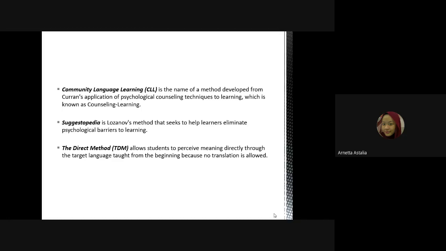Each method or approach has its own strengths. However, in most classroom learning situations, teachers play the important roles in implementing the methods they have been trained to use as well as deciding which one to use and when to use it.